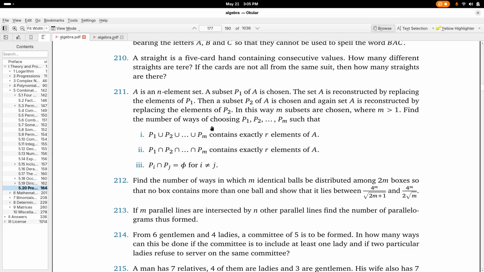Find the number of ways of choosing P1, P2 up to Pm such that the union P1 union P2 through Pm contains exactly r elements of A; the intersection of these subsets contains exactly r elements of A; and Pi intersection Pj is equal to the empty set for i not equal to j.